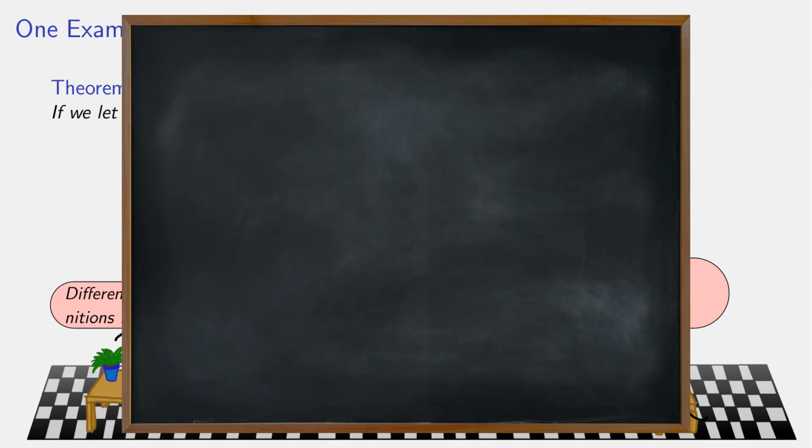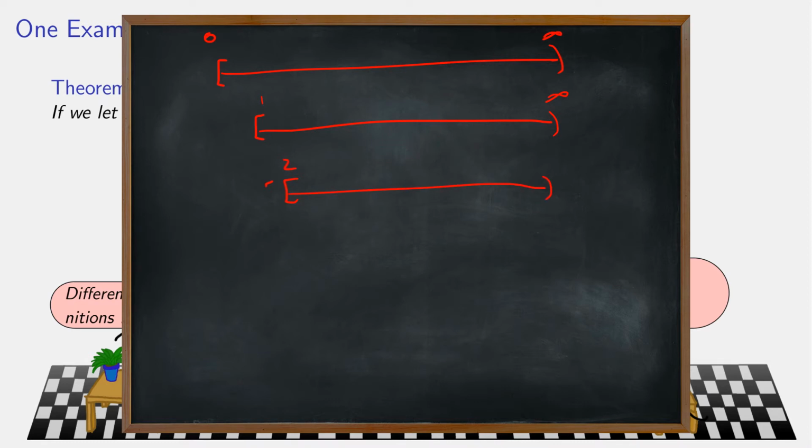So here are our sets. We have, say, 0 to infinity. Then we have 1 to infinity. Then we have 2, etc. 3 to infinity, 4 to infinity, 5 to infinity, and so forth.